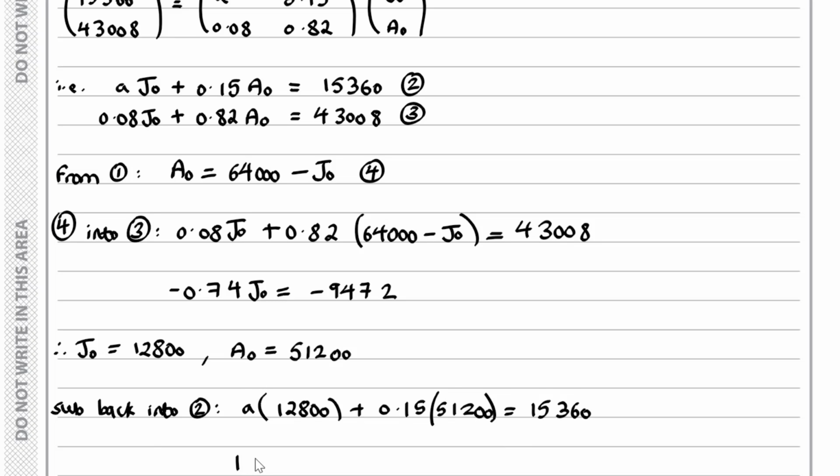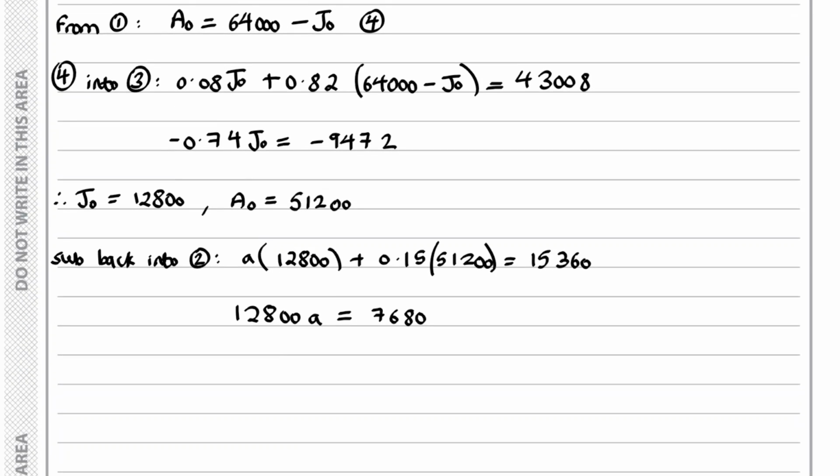So we have 12,800A equals 7,680, and therefore A is equal to 0.6.